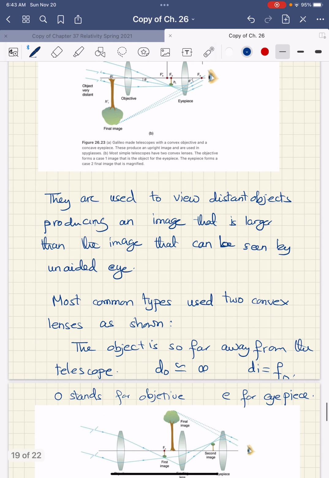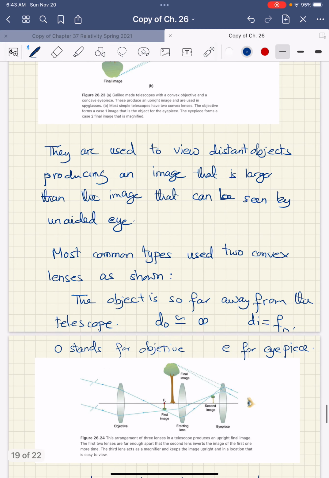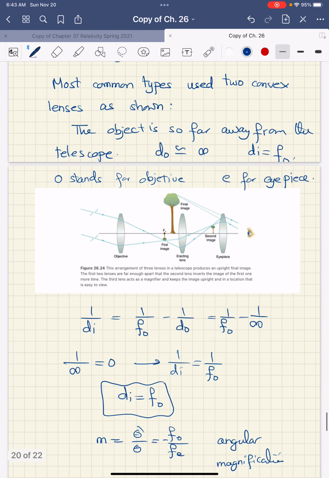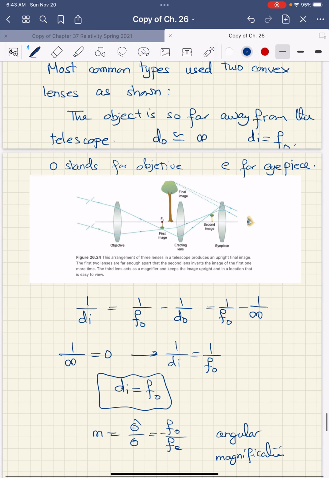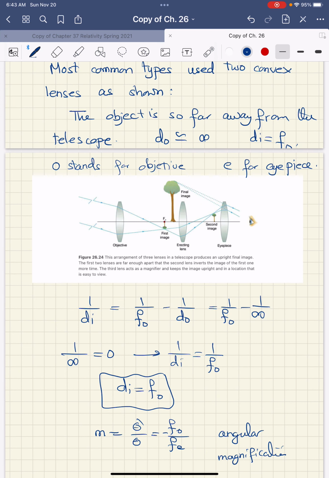The only difference is that the object is very far away from the telescope, and therefore the distance of the object is infinity. Here I will say O stands for objective, of course, and E stands for the eyepiece. If we look at this here, we're going to find that the image distance is really the focal point of the objective.